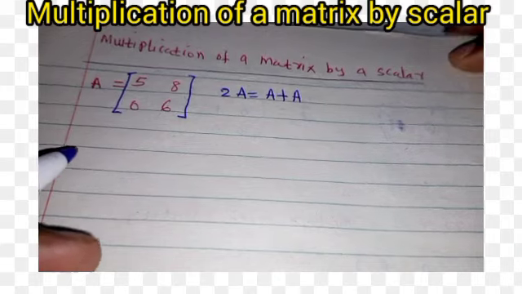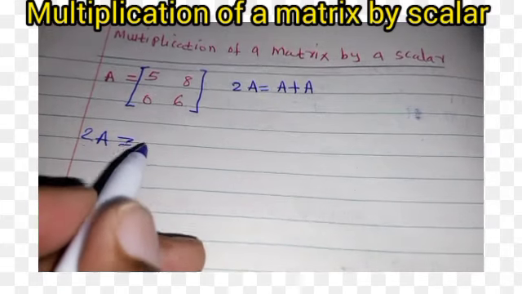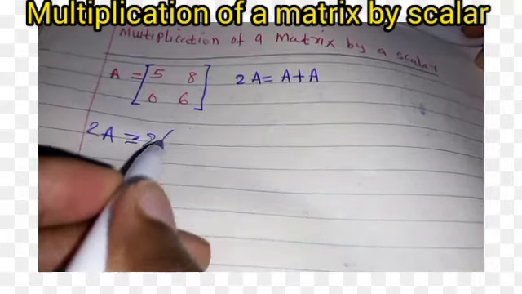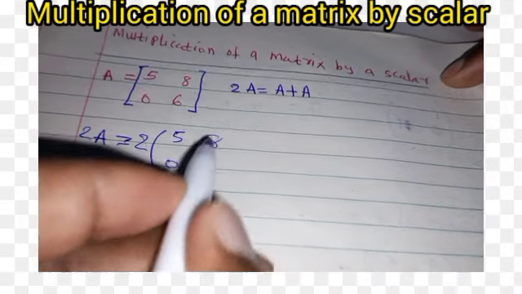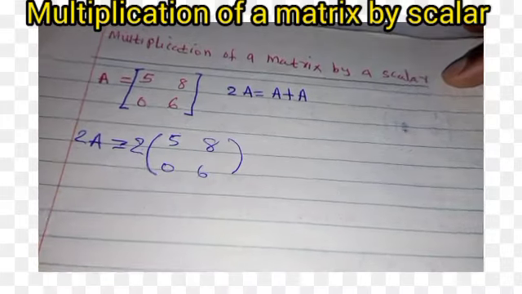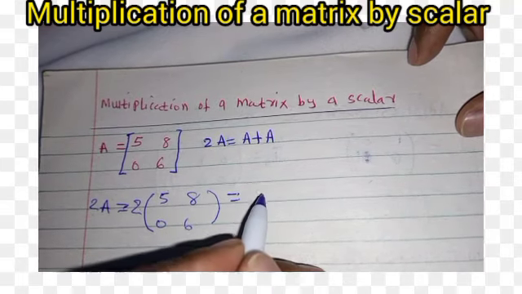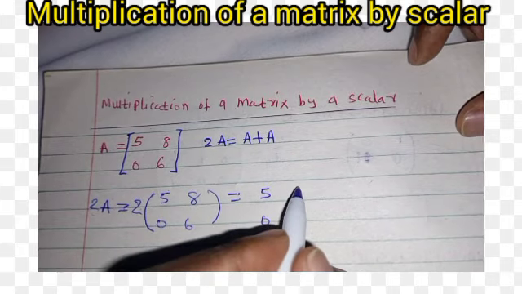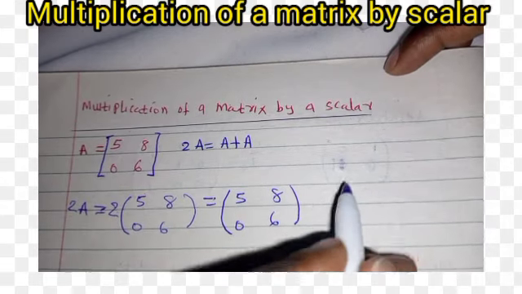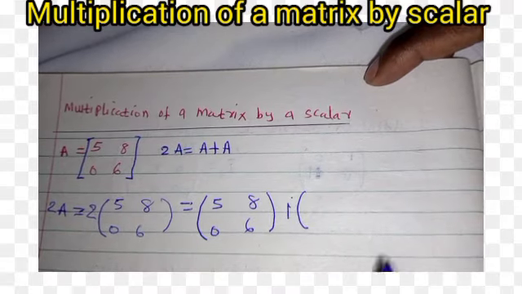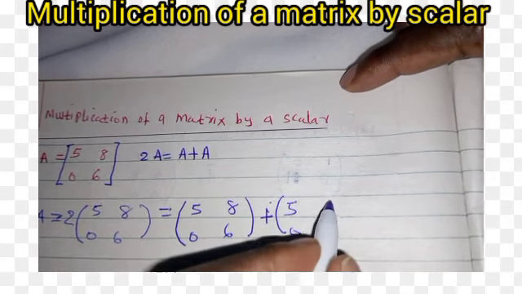So 2A means that you write 2 times the matrix 5, 0, 8, 6, which is equal to writing the matrix 5, 0, 8, 6 plus the matrix 5, 0, 8, 6.